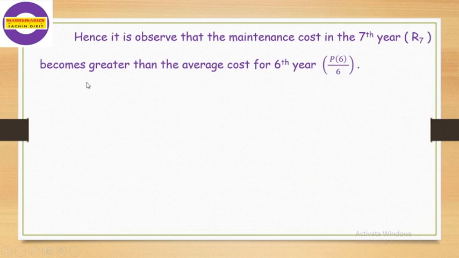From this it is observed that the maintenance cost in the 7th year, that is R7, becomes greater than the average cost for the 6th year, that is P6 divided by 6. That we have to point out there. That means R7 is greater than P6 upon 6. In our problem, R7 is 1600 and P6 upon 6 is 1583.3333.